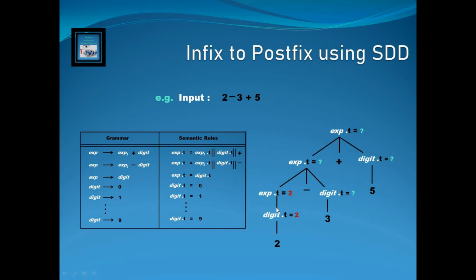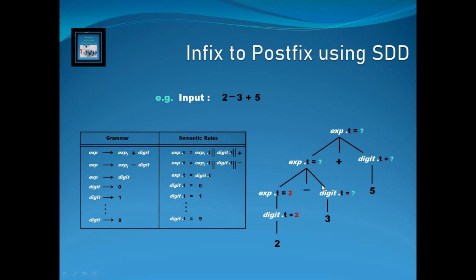As we already evaluated the digit's postfix form, that is 2, the expression's postfix form will also be equal to 2. So the left child of this expression is already evaluated, and now we have to evaluate its right child so that we can evaluate this t.